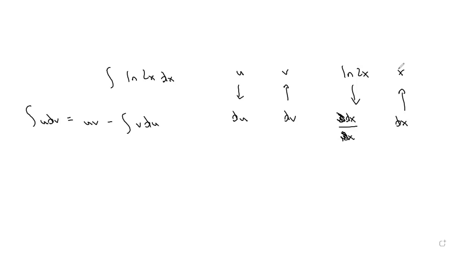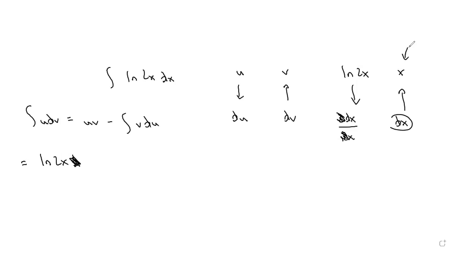Okay, so we have our u, our du, our dv, and our v. Now let's plug everything in. u is ln 2x. dv is this one right here, dx. Actually, wait, that doesn't make sense. It should be v.